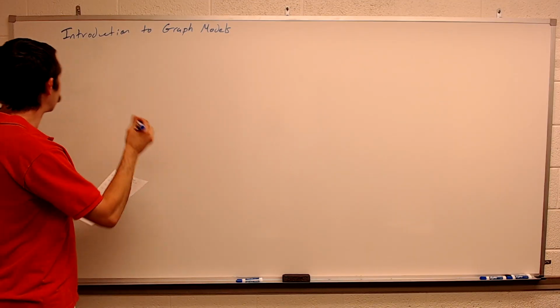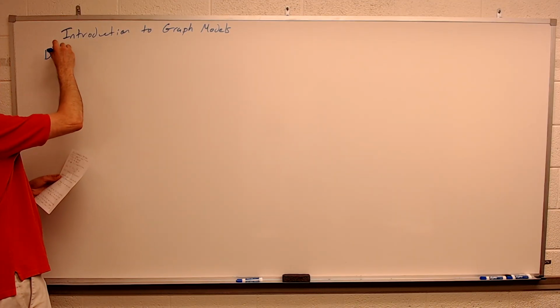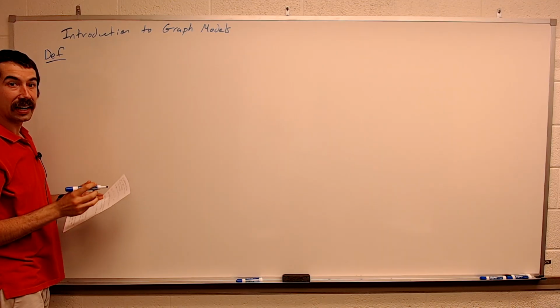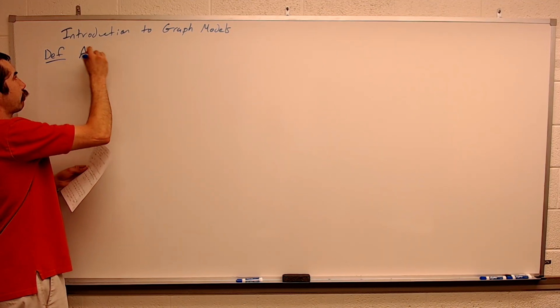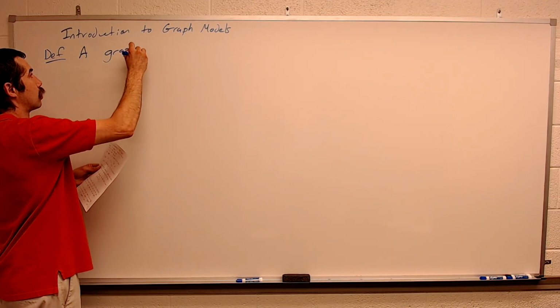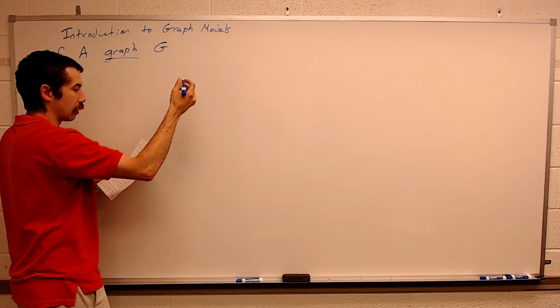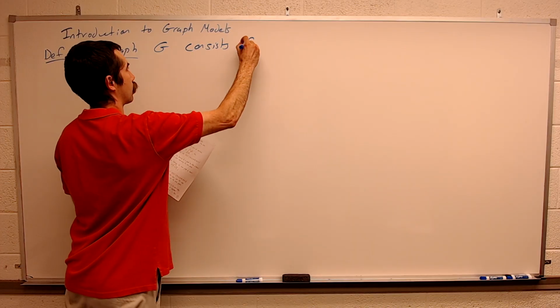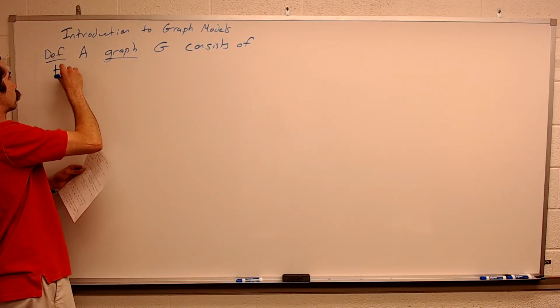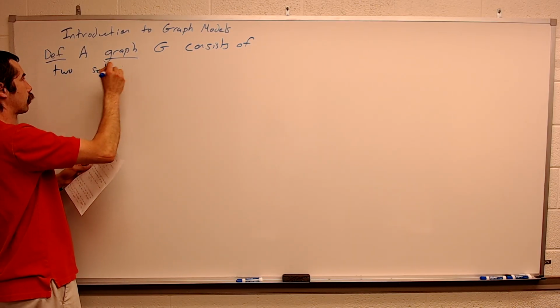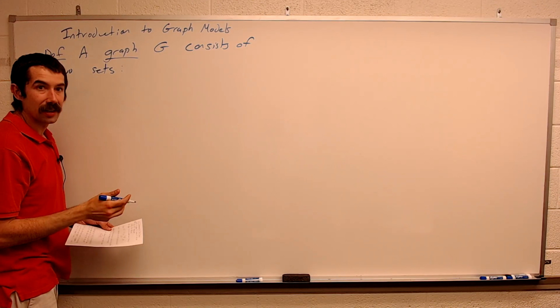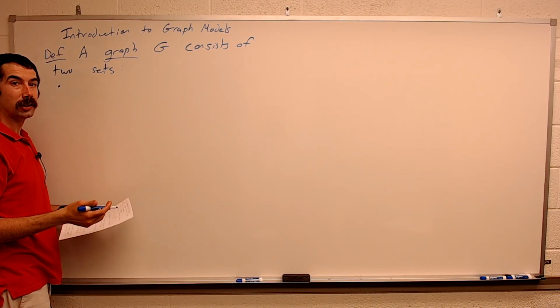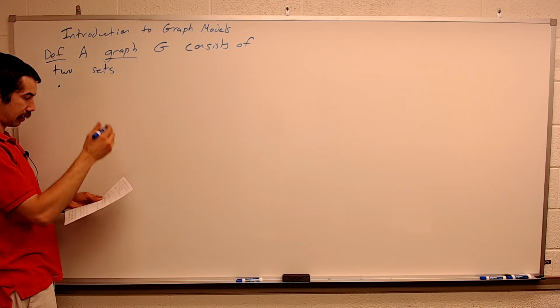Okay, so let's start by defining what a graph is. A graph, G, consists of two sets. First, it has a vertex set, which we're going to denote by the letter V for vertex.